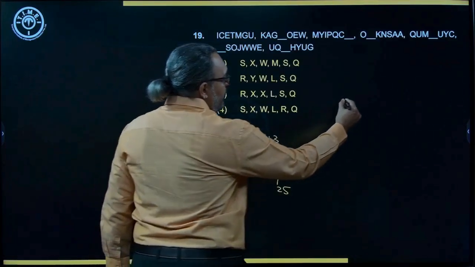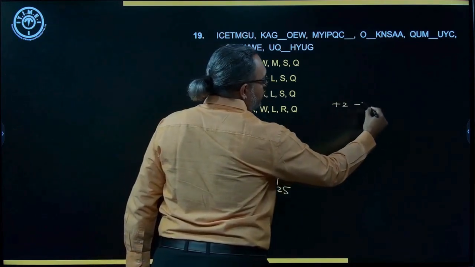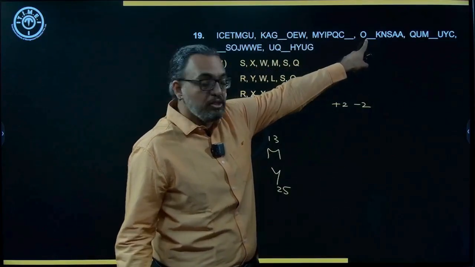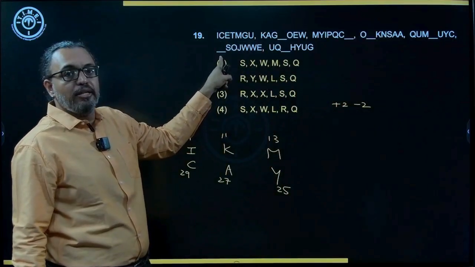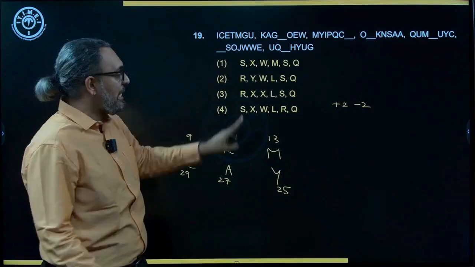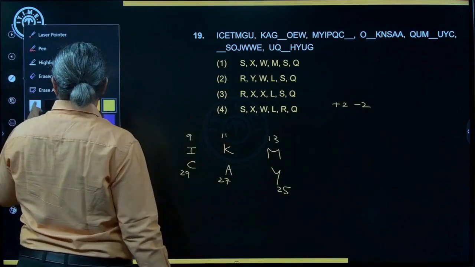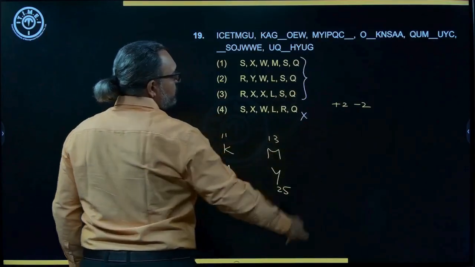So I am basically getting plus 2 for the first alphabets, minus 2 for the second alphabet, because if you check carefully, after 13 you have 15, plus 2, 15, 17, plus 2, 17, now you can get here, 17 plus 2, 19, 19 is S. So S definitely is now appearing in these three options. So I can rule out this.